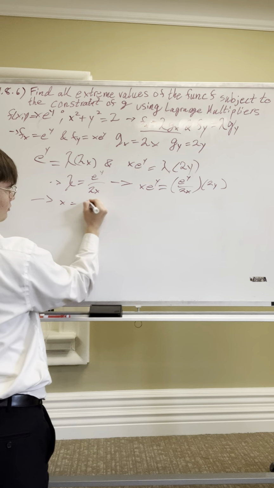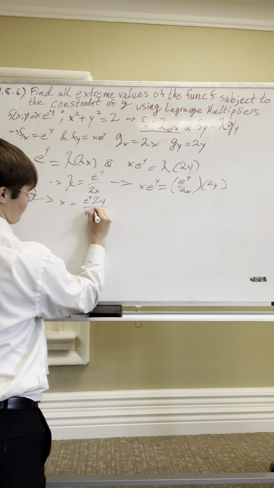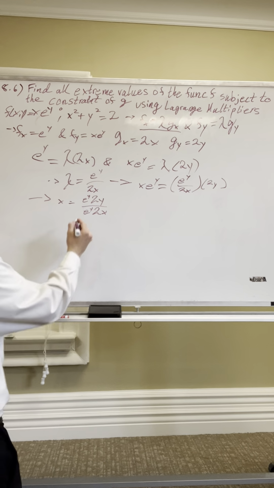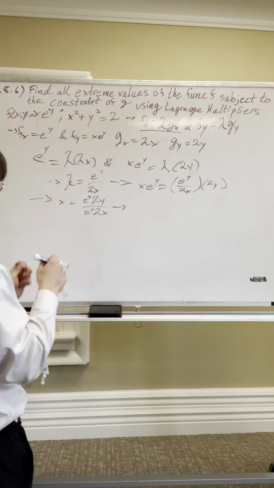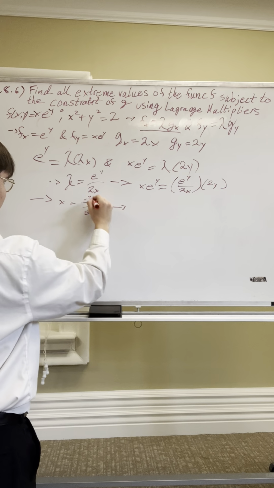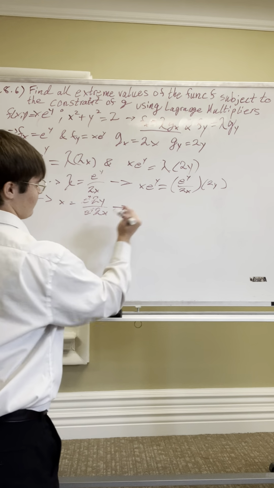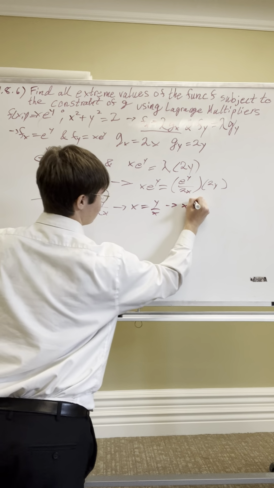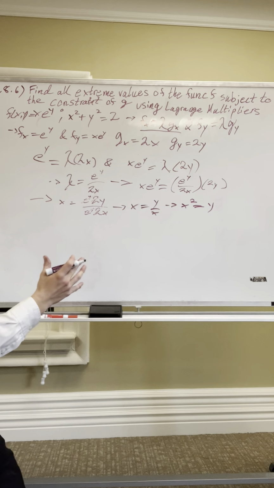We'll have x equals e to the y 2y over e to the y 2x. Now, if you notice, you can just cancel some of these out, right? Goodbye, e to the y, goodbye 2, because those cancel out. So what we're left with is x equals y over x. We multiply it over, so x squared will equal y.